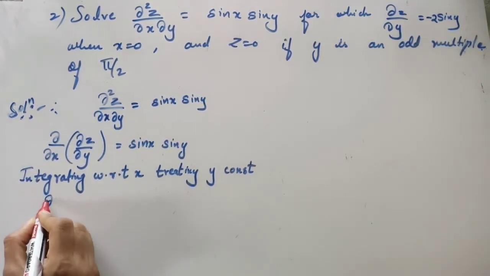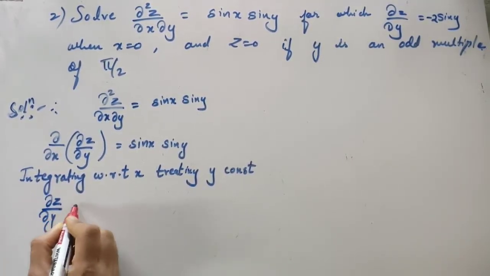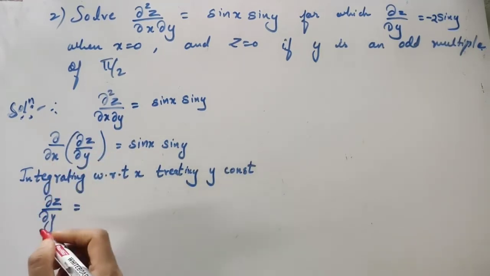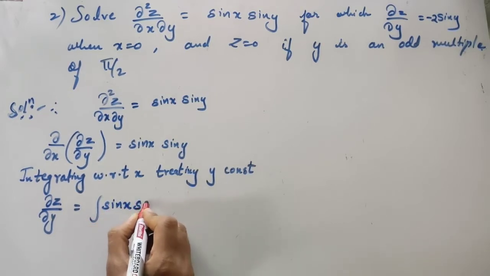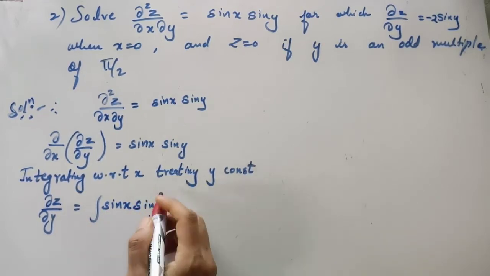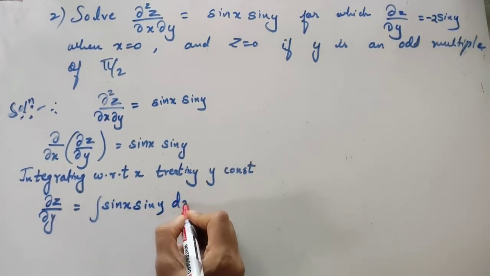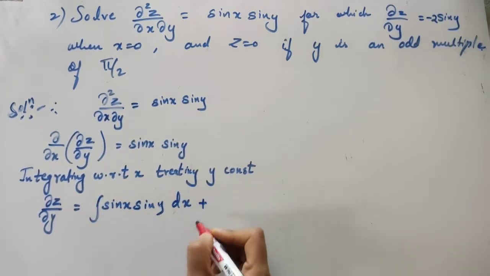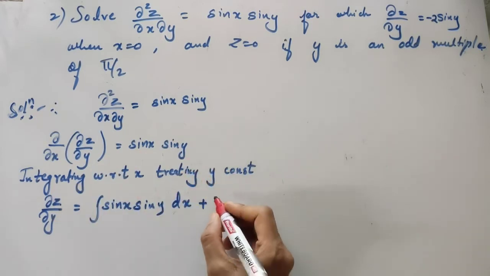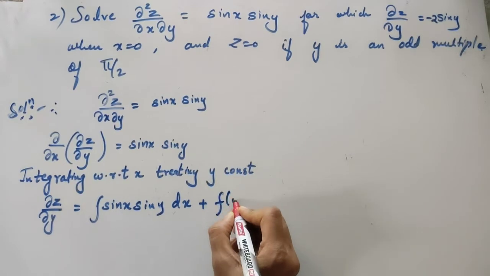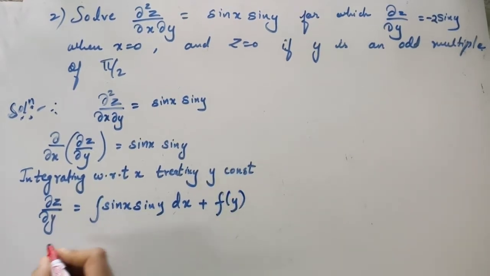You simply have ∂z/∂y equal to the integration of sin x sin y with respect to x, plus an arbitrary function of y, because whenever we integrate with respect to x treating y constant, we need to attach an arbitrary function of y, say f of y.